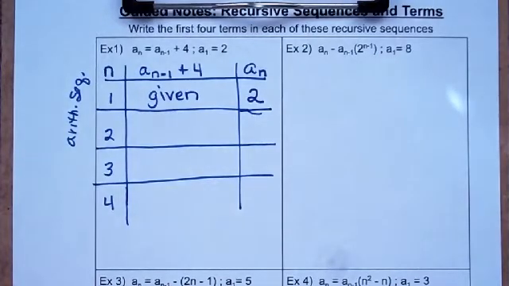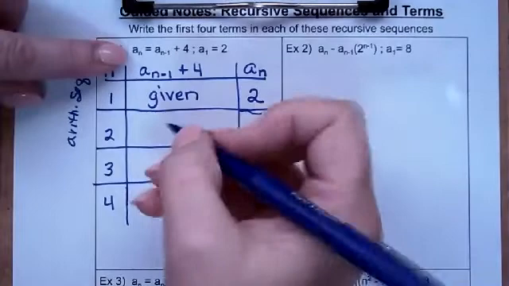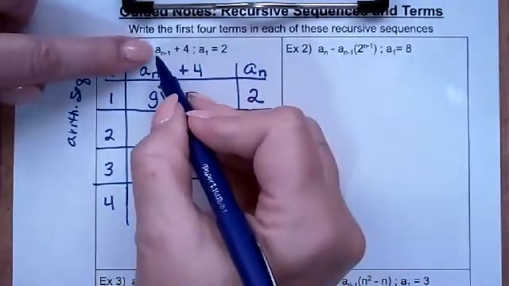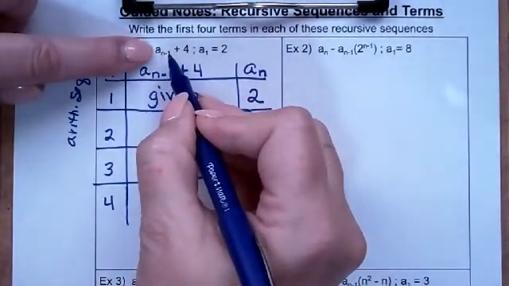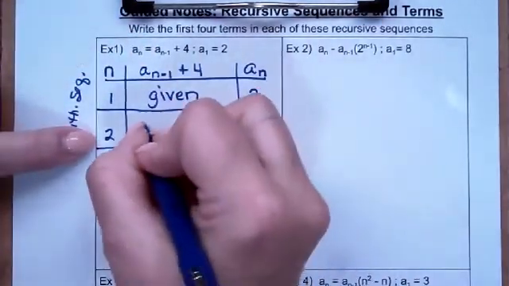Now, let's talk about how I'm going to show the work to do the second one. Remember, a sub n minus 1 is the term that is before it.